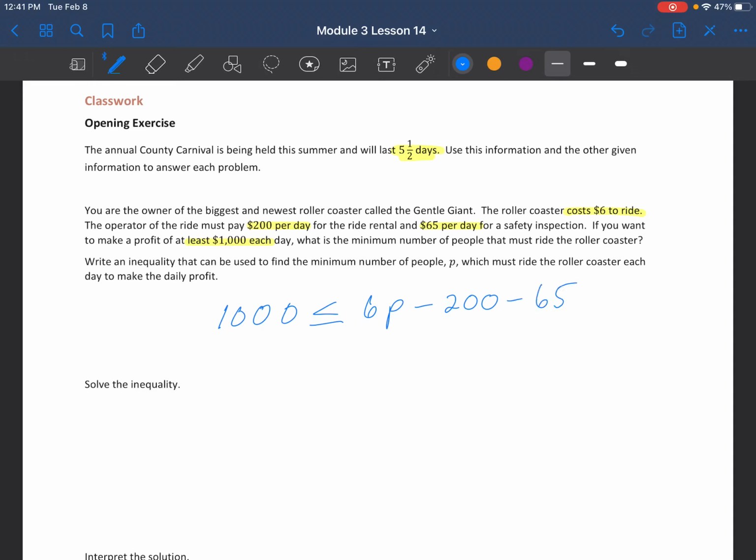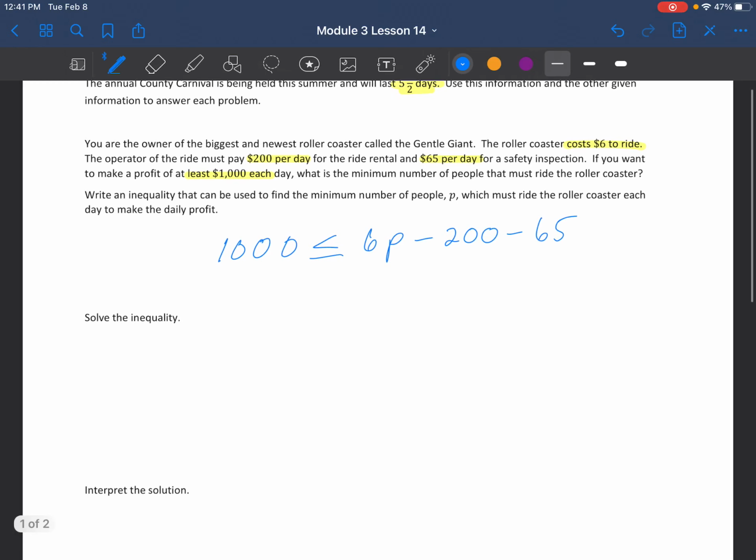And because it's an operator fee per day, we have to subtract 200. And then the inspection, that's again something they're paying out, so we have to subtract 65 for that inspection. So here's our inequality. Now we're going to solve it, okay?